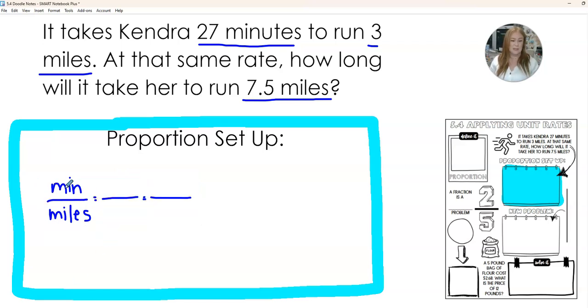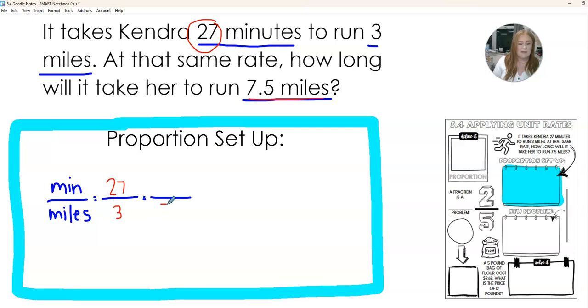So let me get rid of that. Okay, so we have minutes and miles. So we know we have 27 minutes. So here's my minutes, putting 27 here. And we're trying to go 3 miles. So 27 minutes and 3 miles. And now we want to know how long will it take to run 7.5 miles. Where do we have miles? On the bottom.